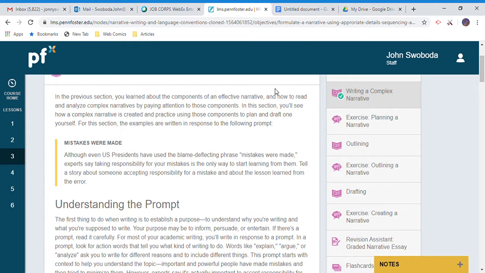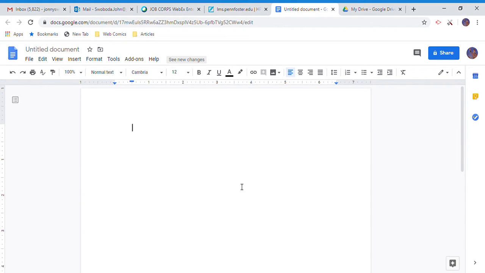Now, let's come over here to this document and start planning. I'm going to go through an essay without writing the whole essay, but I'm going to show you the steps. So, what are our requirements? There has to be a story, with a beginning, middle, and end.